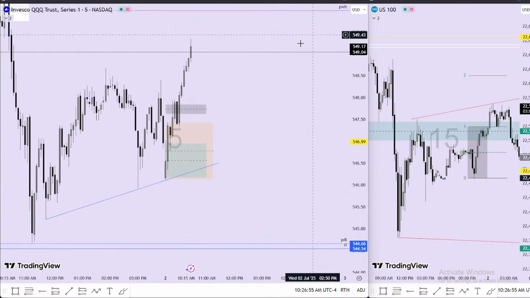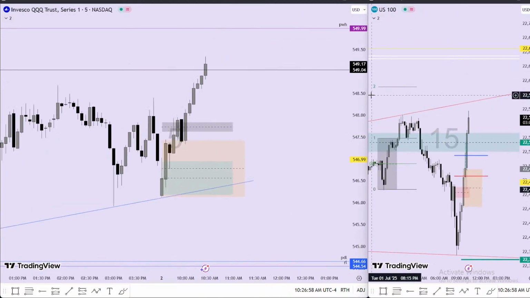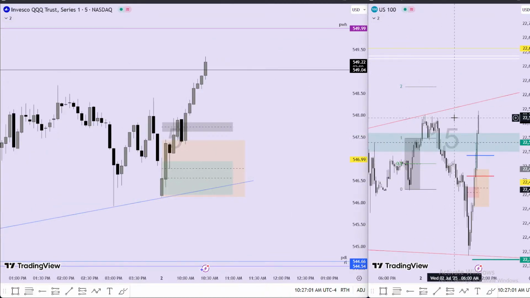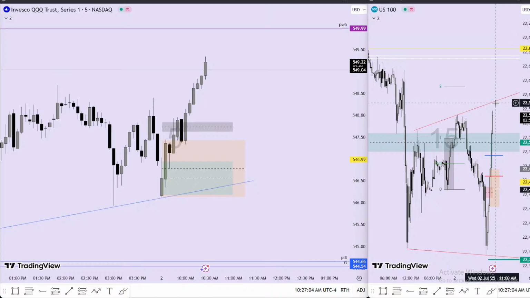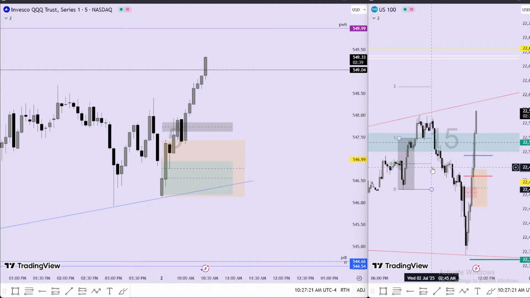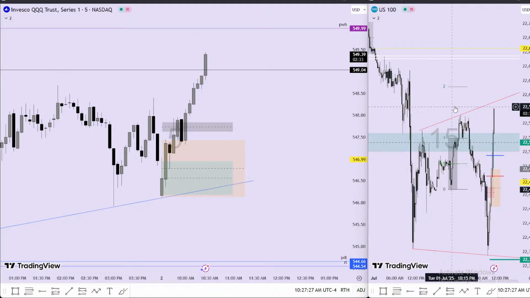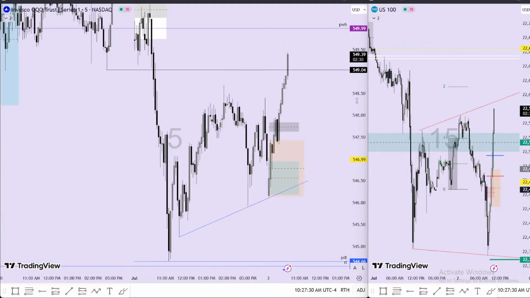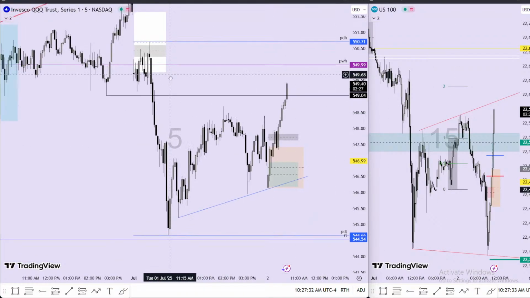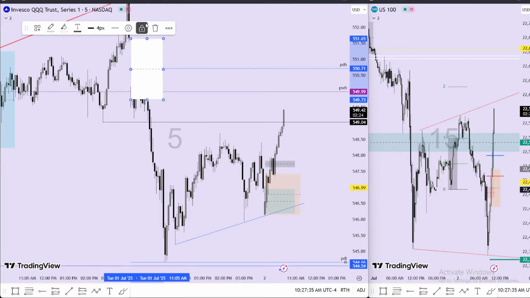So on Nasdaq, we have closed the gap. Do bulls have a reason to get out?